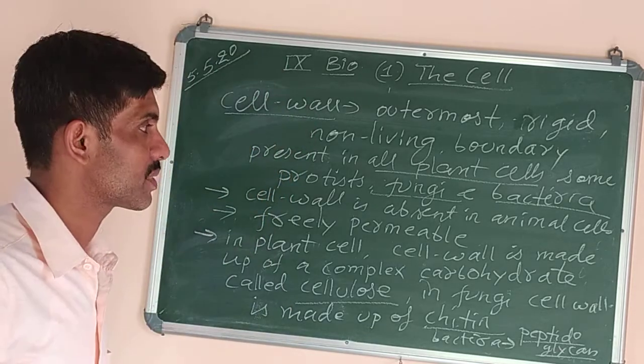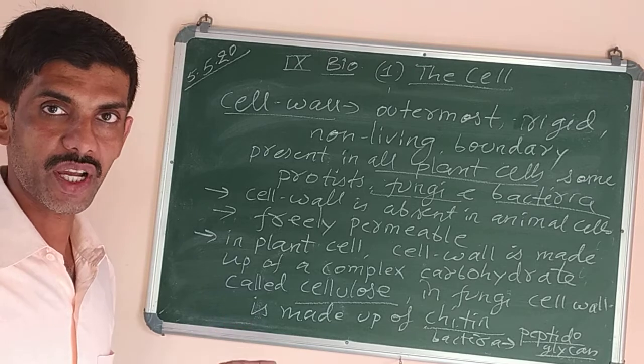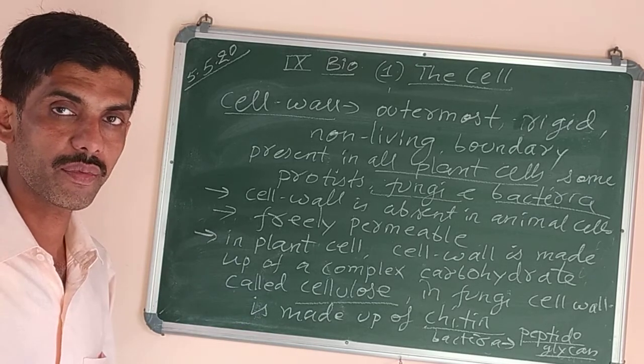Now, what is the function of cell wall? The functions of cell wall: number one, it gives protection to the cell because it is the boundary of the plant cell.